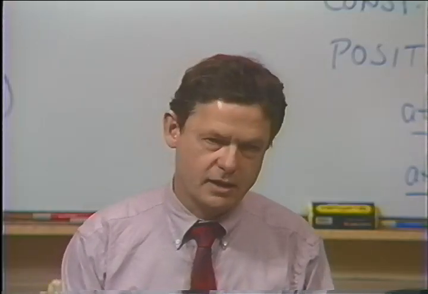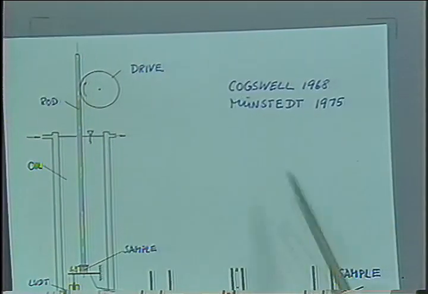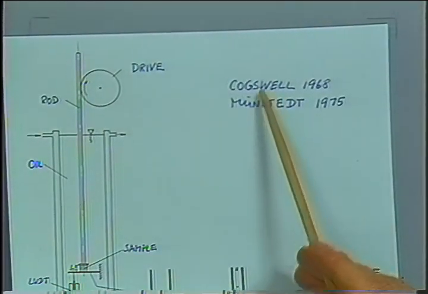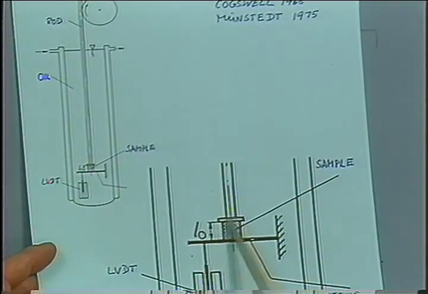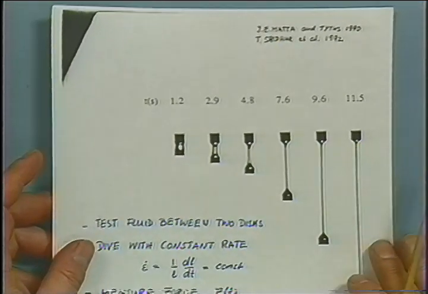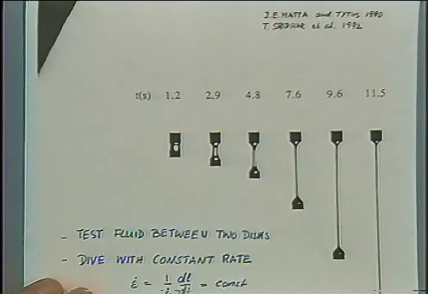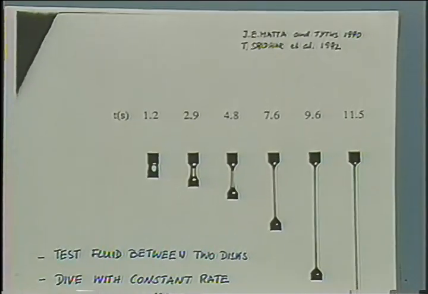I just wanted to talk about the melt sample in the beginning. But for low viscous materials, this method of Coxwell and Münstedt, where a sample was put between two little discs, could be applied to polymer solutions.